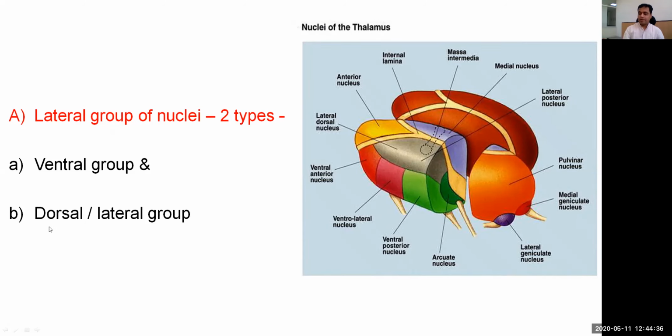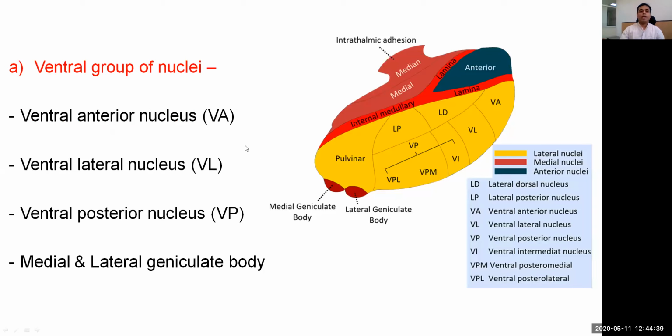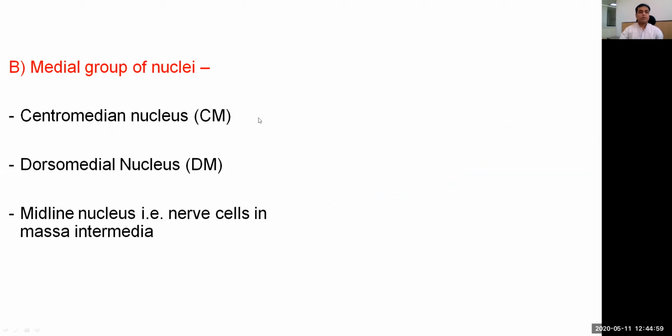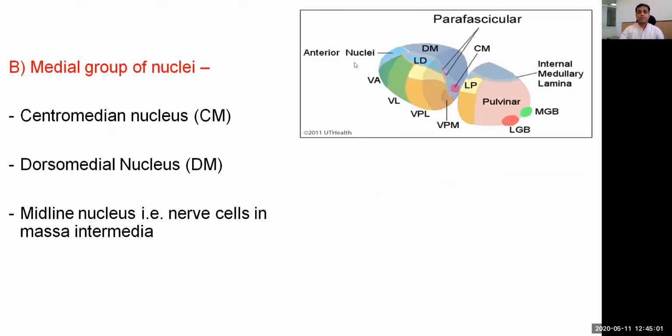The ventral group of nuclei, as we have already studied, has ventral anterior, ventral lateral, ventral posterior nuclei along with the medial and lateral geniculate bodies. The dorsal or lateral group has the pulvinar, as we can see in the diagram, lateral posterior, and lateral dorsal. The medial group of nuclei has centromedian, dorsal medial nucleus, and midline nuclei, which are located in the massa intermedia.